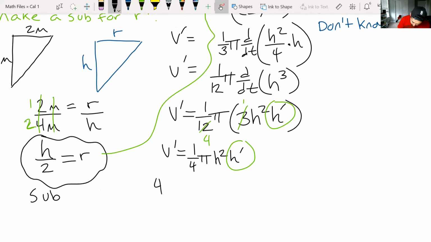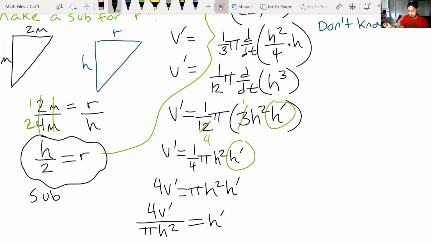So 4v prime equal to pi h squared h prime. And then I would divide by pi h squared. So now you would have 4v prime over pi h squared equal to h prime.